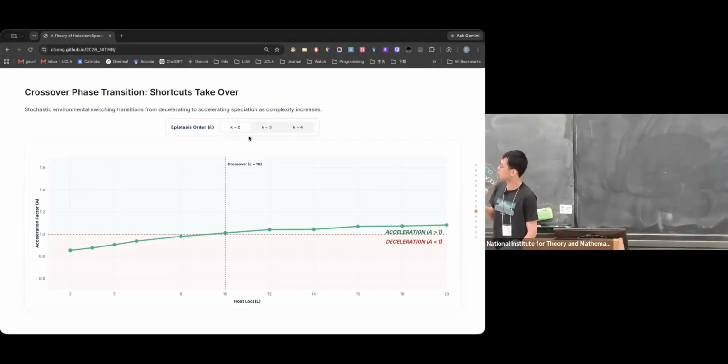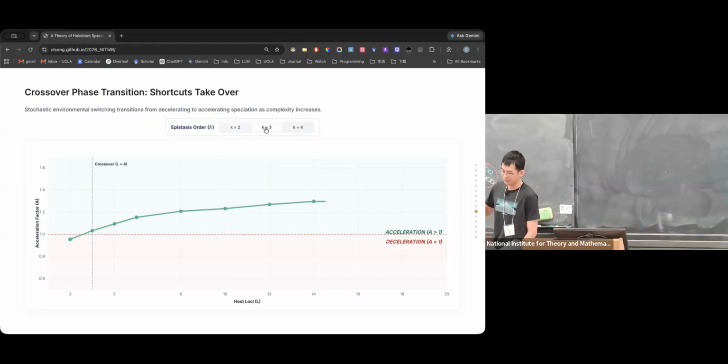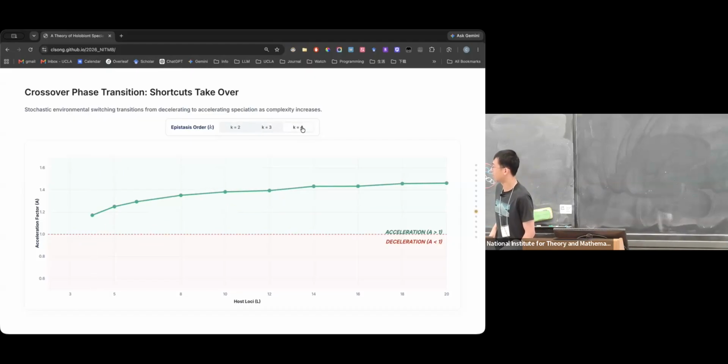In other words, the shortcuts really take over beyond the traps introduced by these two layers. And if you allow higher-order epistasis, you can see that acceleration becomes the rule instead of the exception. With epistasis order 4, all of the cases will be acceleration.